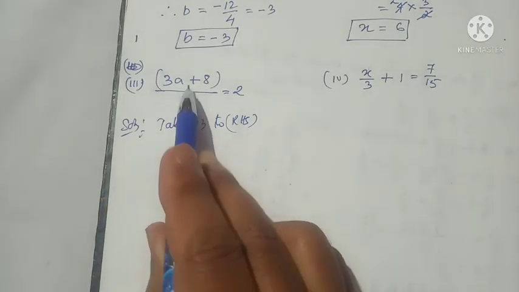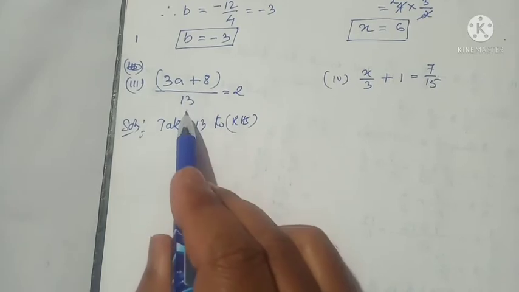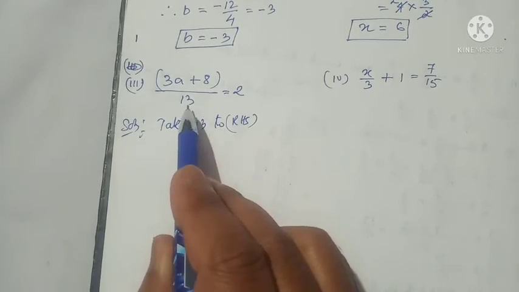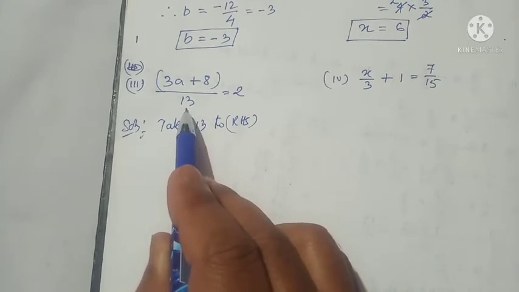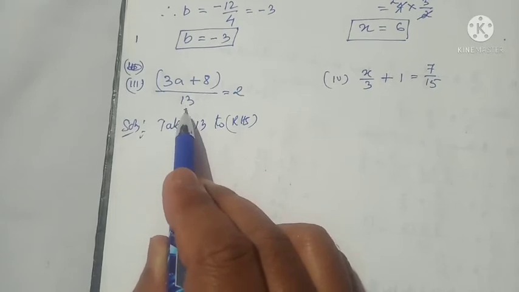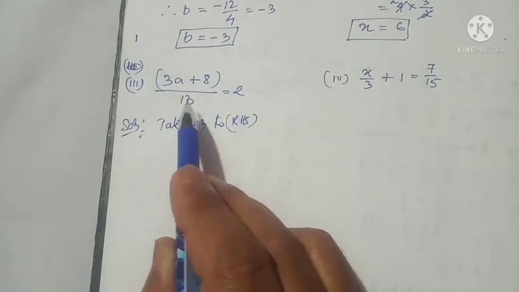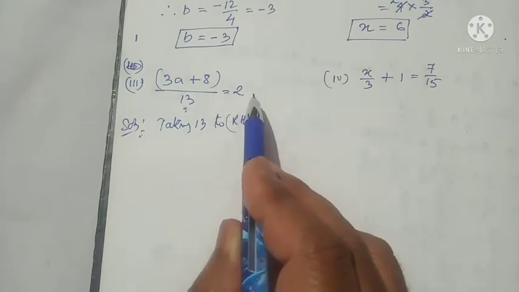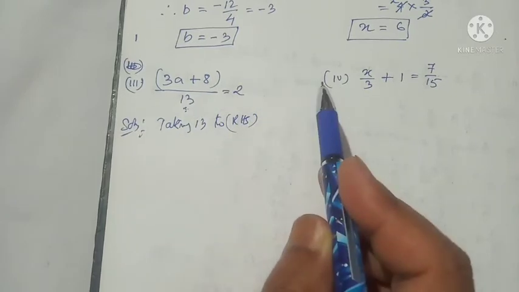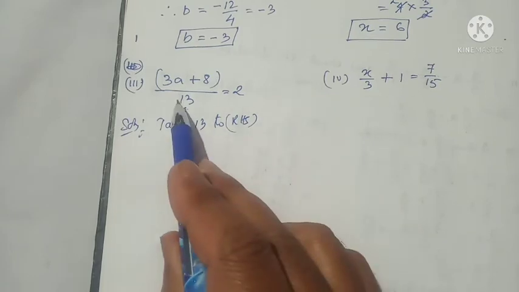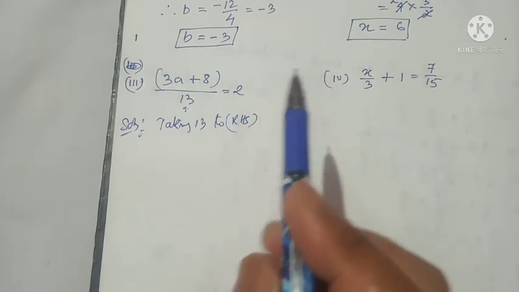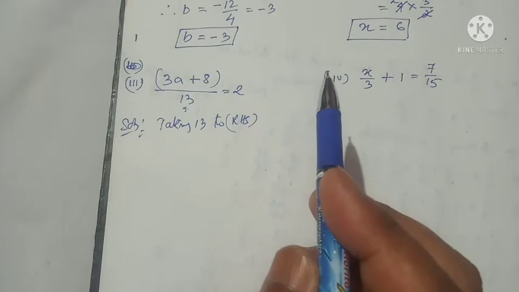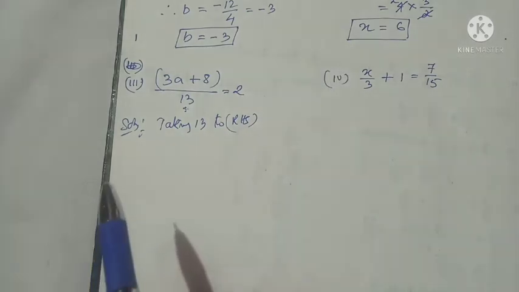This is in the form of division. So this 13 is in the denominator. If you transfer this denominator to the right hand side, then the operation sign will become what? Multiplication. And the plus sign will not change into the negative sign.